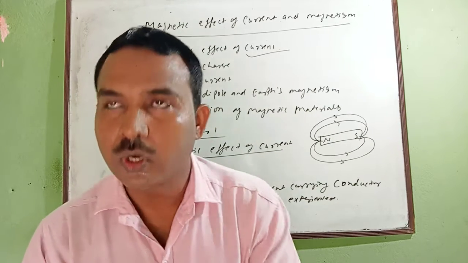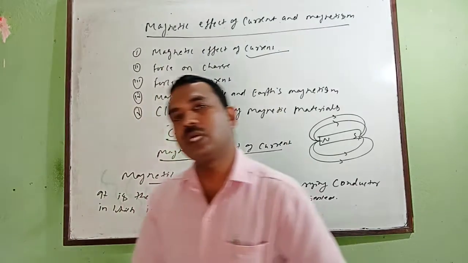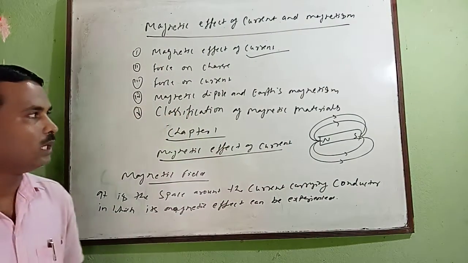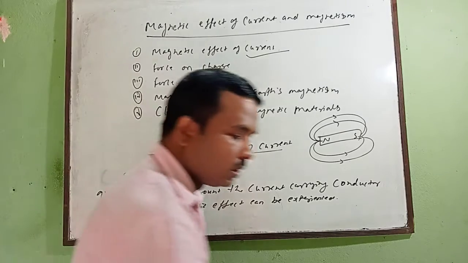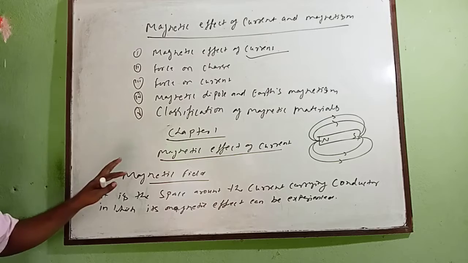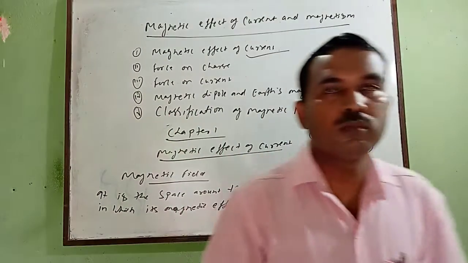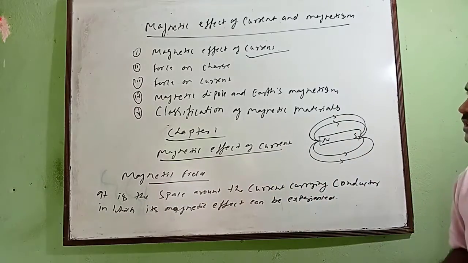Is it clear? Okay, very good. Now, silent erase these ones. If you want, you can take captures also, students, because together you will make the notes, that would be better. Okay, so silent erase.